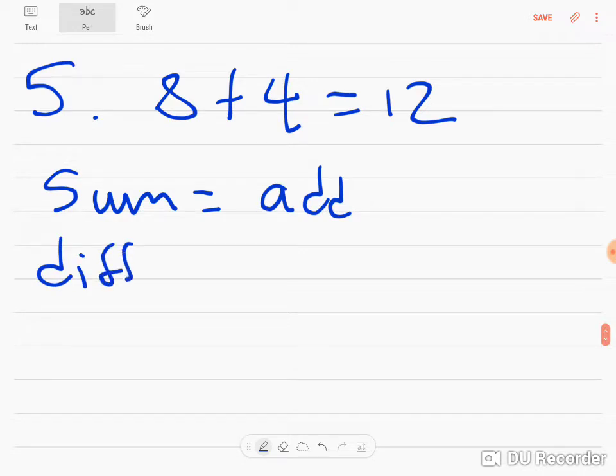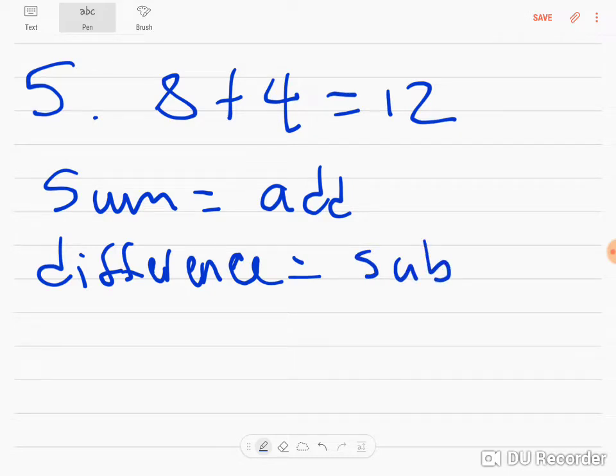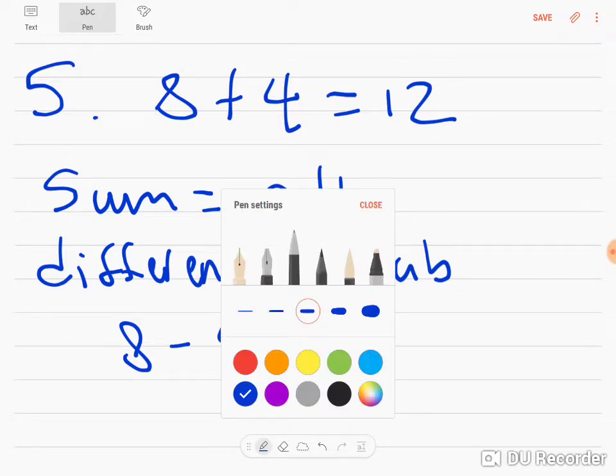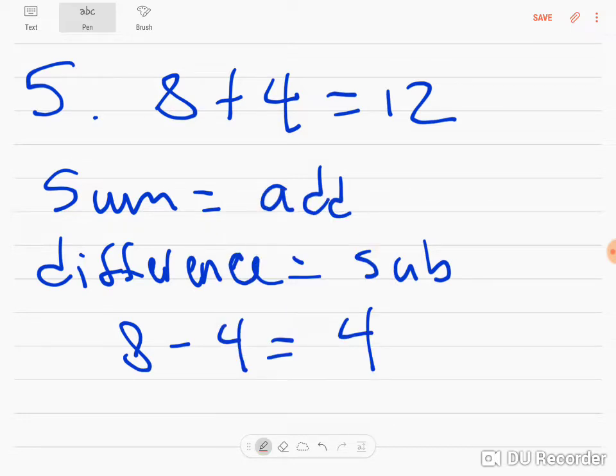Difference equals subtract. So 8 minus 4 is 4. So we want to know what is the quotient when it is divided. I'm going to change the colors. Use red. So I'm going to take 12 divided by 4 and I get 3.